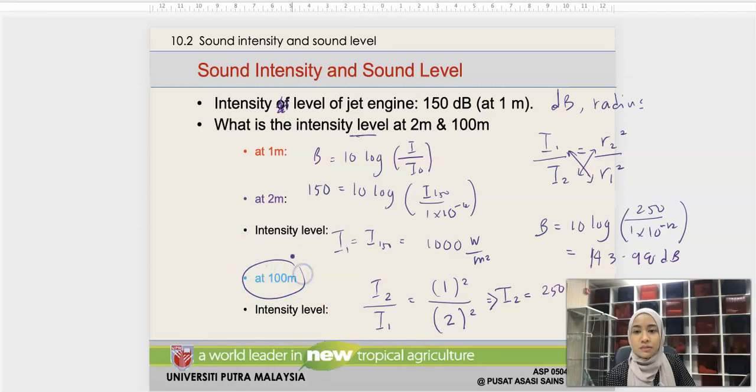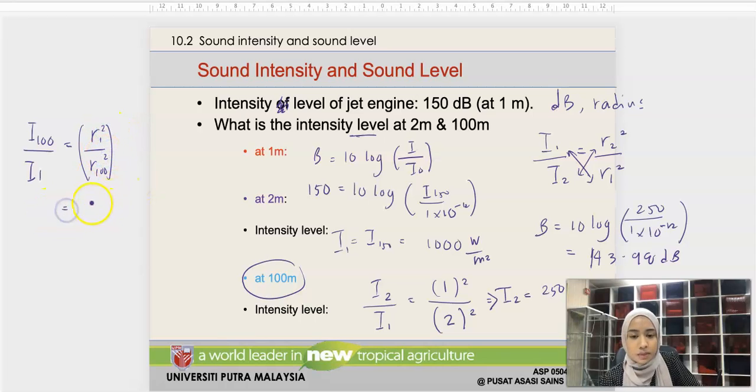Same thing for 100 meter. First, find out what is the intensity at 100 meter. Okay, so it's inversely proportional. So this is R1, this is R100. So square this and square this. So this becomes 1 squared, and R100 is just 100 squared. This guy is 1000.